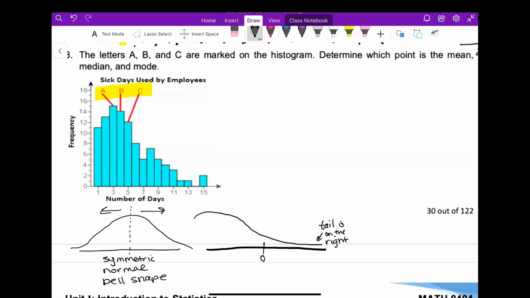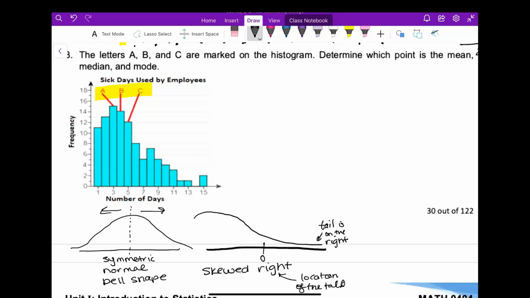So this shape is said to be skewed right. When I think about the word right, I think about the location of the tail. That's how you can tell these skews apart.